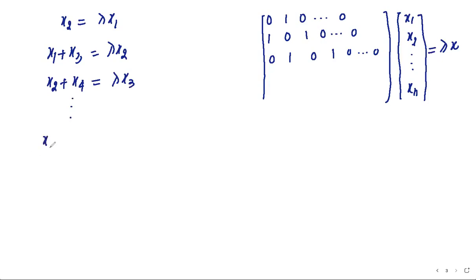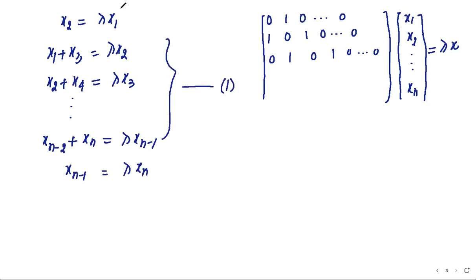Similarly, we obtain the n minus 1th equation, x n minus 2 plus xn equal to lambda times x n minus 1. And the last equation is x n minus 1 equal to lambda times xn. Let's call this system equation system number 1.